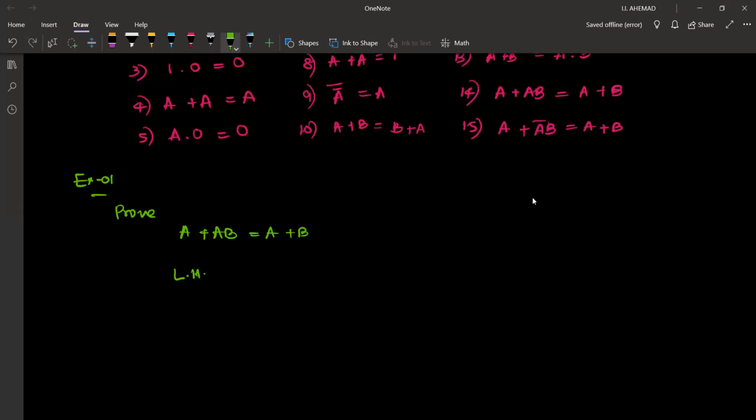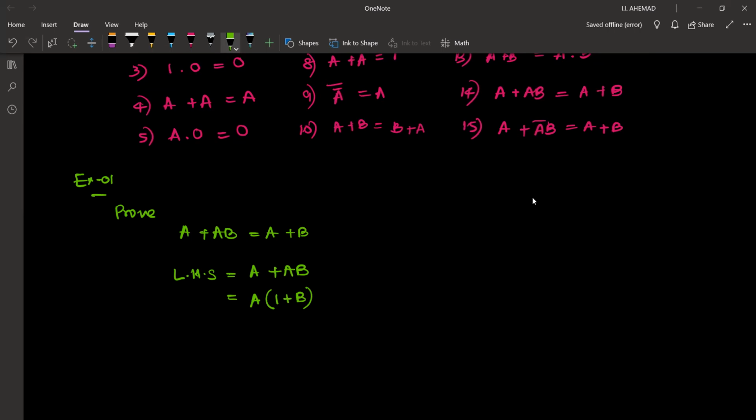Left hand side is equal to A plus AB. Just like in normal algebra, we can take A common. If I take A common, I have A brackets 1 plus B. So B plus 1.